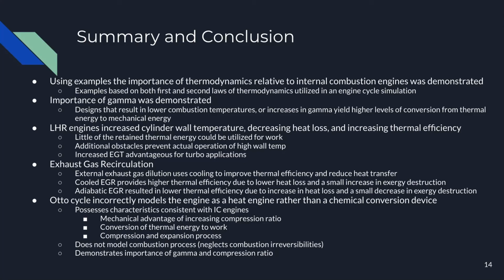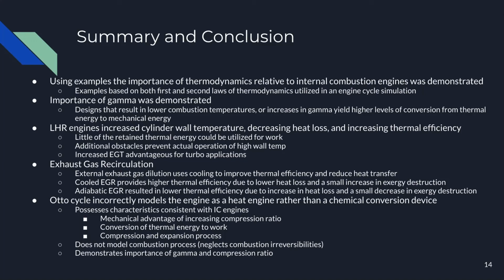The cooled exhaust gas recirculation provides lower heat transfer and a higher thermal efficiency compared to your standard IC engine, while the adiabatic EGR shows a higher heat transfer and lower thermal efficiency than cooling and running it through that circulation cycle. And then last, we talked about the Otto cycle, which modeled the engine as a heat engine rather than a chemical conversion device.